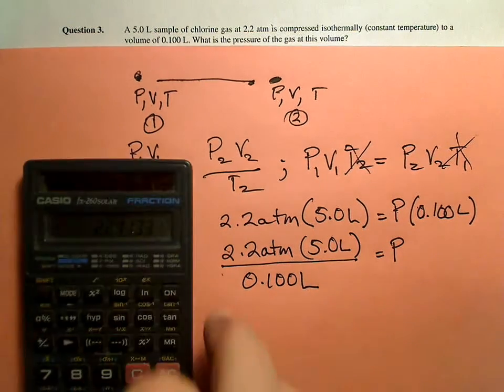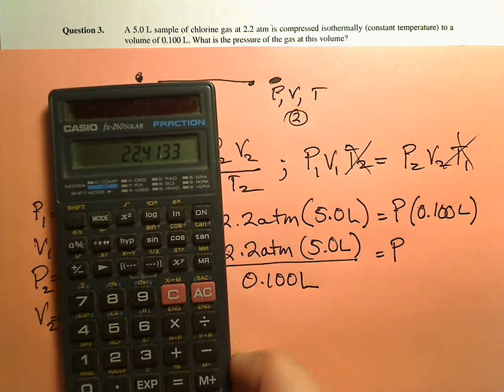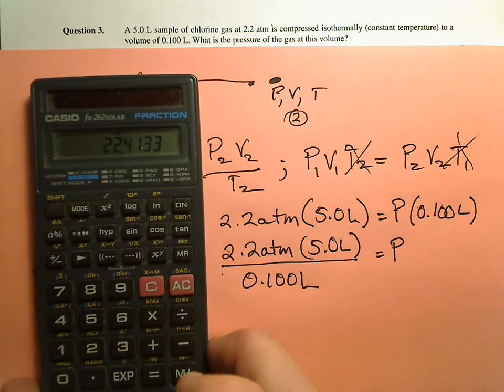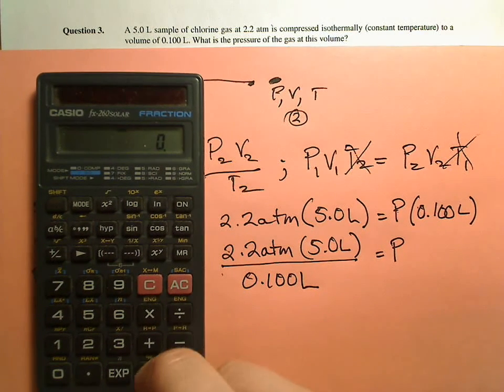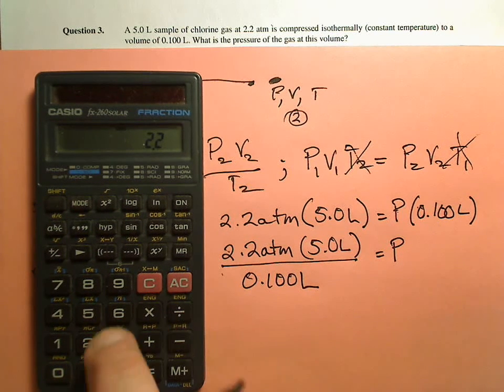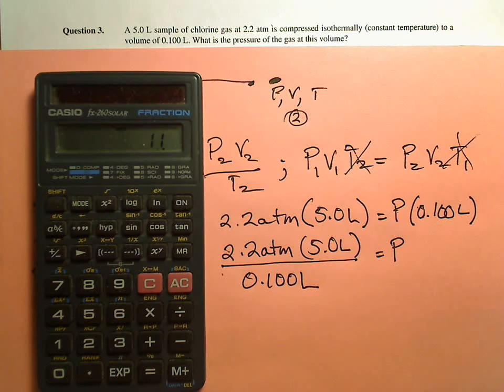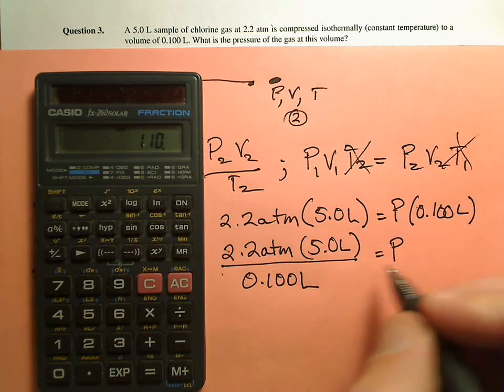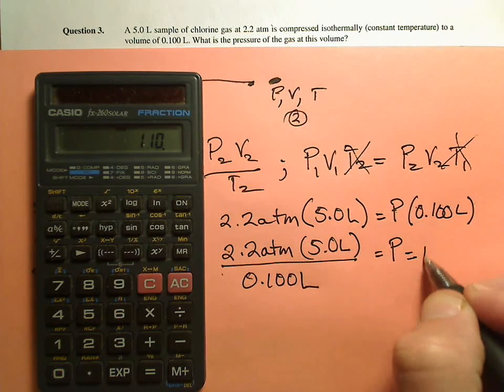So if we use our handy dandy calculator, and what do we have? 2.2 times 5 divided by 0.1 equals P equals 100.